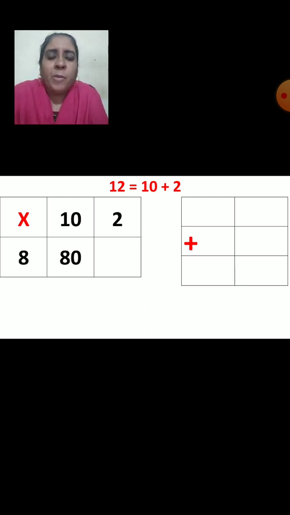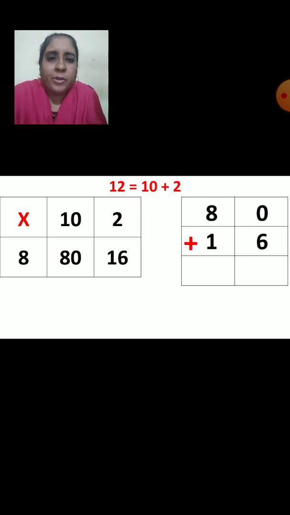Then you will multiply 2 with 8. 2 eights are, how much is it? 16. So, what answer did you get after multiplying 10 by 8 and 2 by 8? 80 and 16. What are you going to do? You are going to draw another column and then add these numbers. 80 plus 16, right?